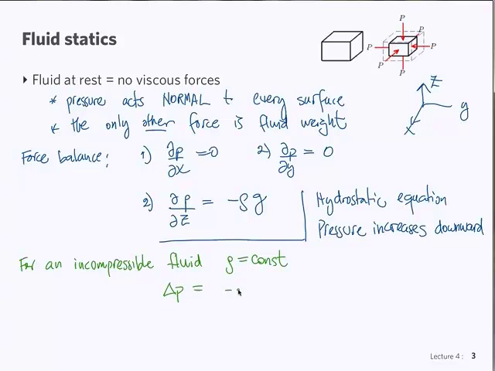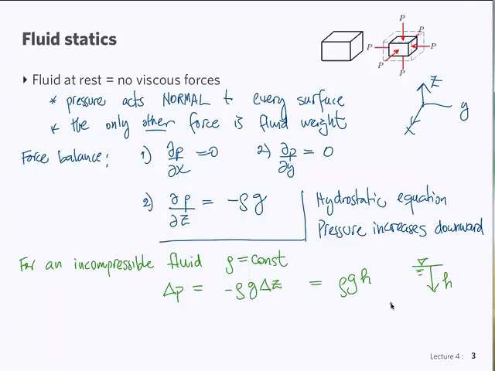P is equal to minus rho g delta z, or rho g h if h is measured downward. So we can get rid of that minus sign and think of h measured downward from the surface of the water, say. Rho g h, or gamma h, would be the case for an incompressible fluid.